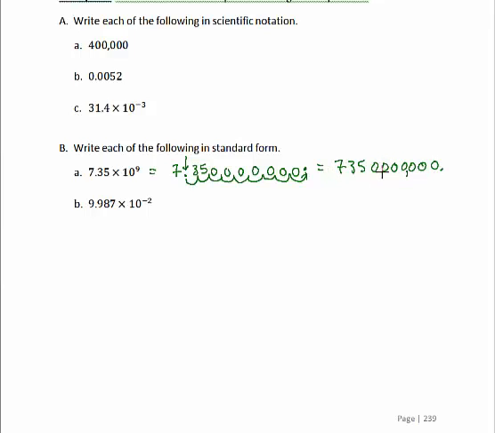We start separating zeros in groups of 3, and so we get 7,350,000,000 with the decimal point right there. So positive exponent 9 made 7.35 larger, and 7 billion is definitely larger than 7.35.